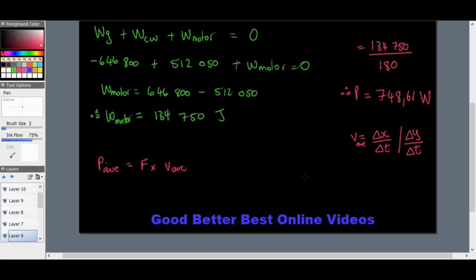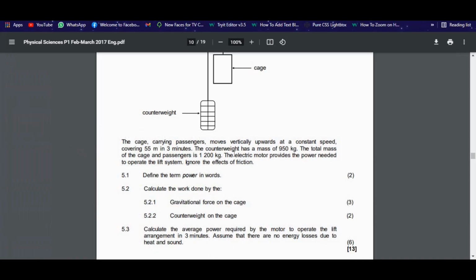The force of gravity of the cage. No, that's wrong. That's FG, 1,200 times 9,8. I don't know where they're getting that from. And 950. I must just make sure of my calculations here. Yeah, that's right. So in order for you to get that, you need about that. Okay, cool. Just check the numbers in the equation.